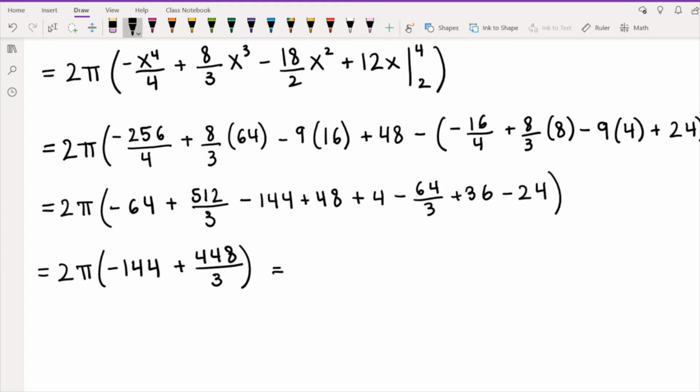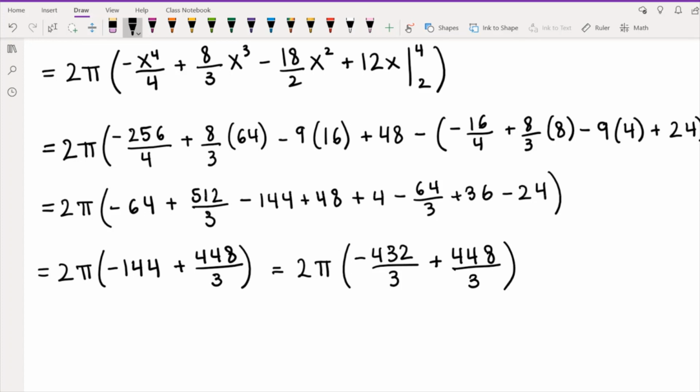And let's see, is 448 divisible by 3? It is not. Okay, so now we want to make a common denominator. So our denominator in this case will be thirds. So we want to multiply negative 144 by 3, and that gives us negative 432 over 3 plus 448 over 3.